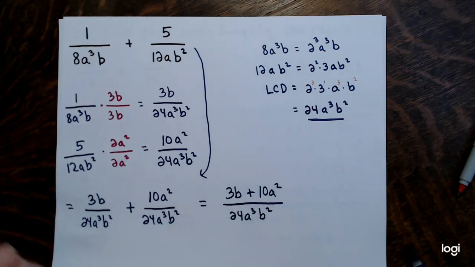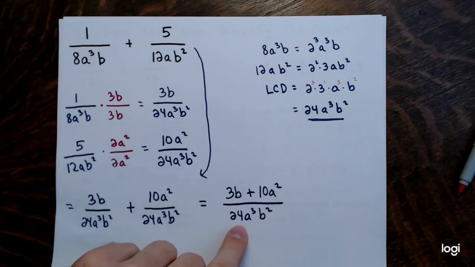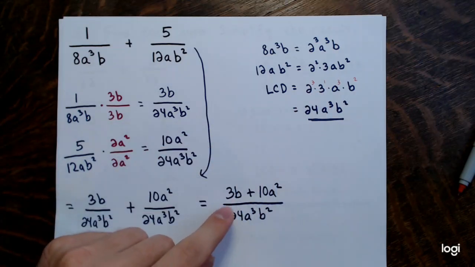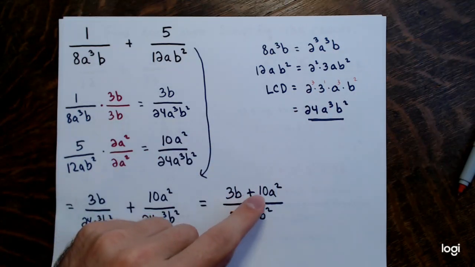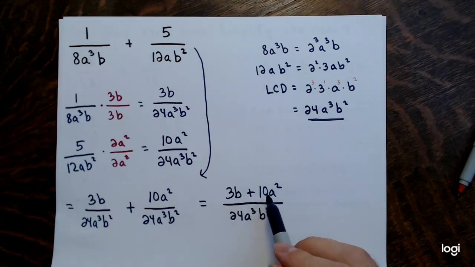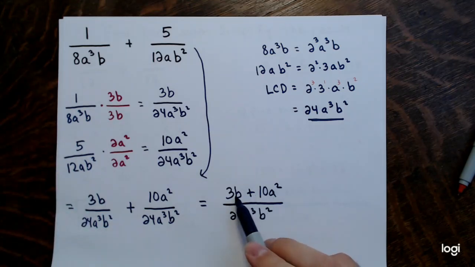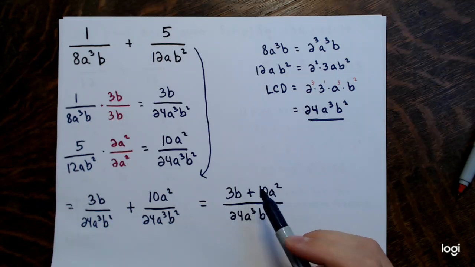And I don't know about you, but I can't see any way to simplify this. You can factor 24 a little further, right? 24 is again 2 cubed times 3 if you want to write that. But the 3b plus 10a squared, right, there are multiple terms up here. First thing I'd look for is a greatest common factor, and these do not have a common factor other than 1. So this 3b plus 10a squared, that whole thing is the only factor of the numerator.